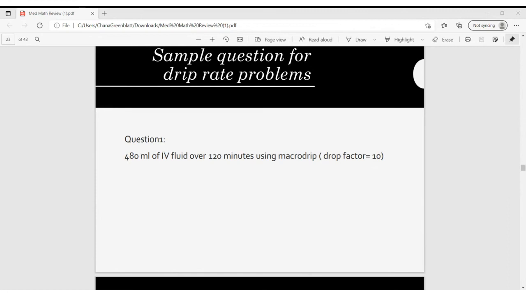It can be 10, 15, or 20 GTT per minute. So if the professor wants a specific macro drip, then they have to tell you. Micro drip is always going to be 60 GTT per ml. So in this question, they're telling you that the drop factor is 10 GTT per minute.